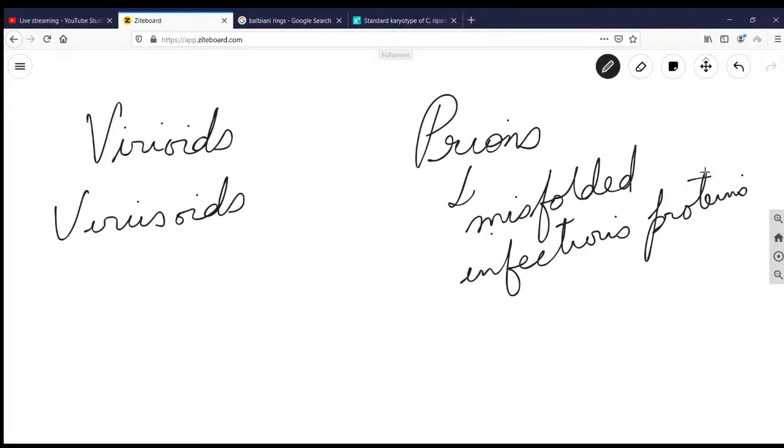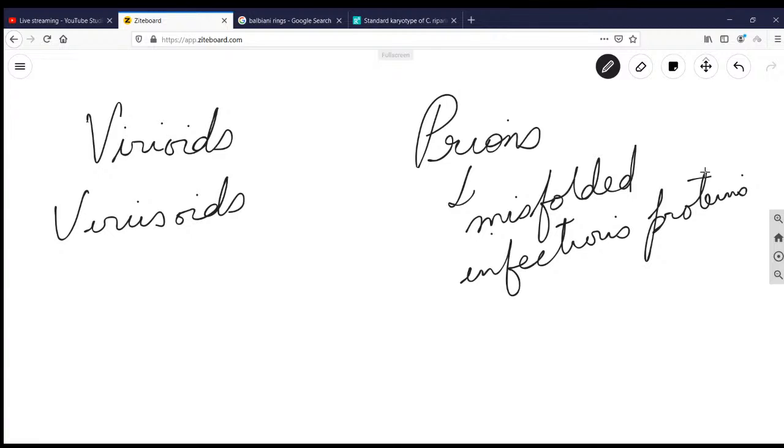That is prion for you. So it can cause diseases in animals and humans by triggering normal healthy proteins in the brain to fold abnormally. So that can be done by prion.